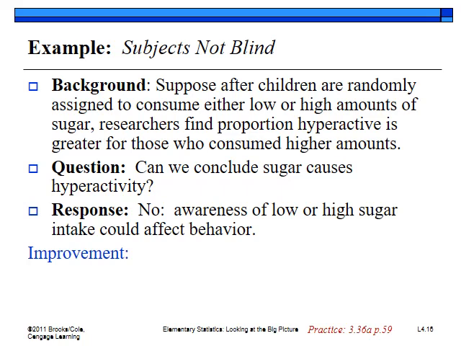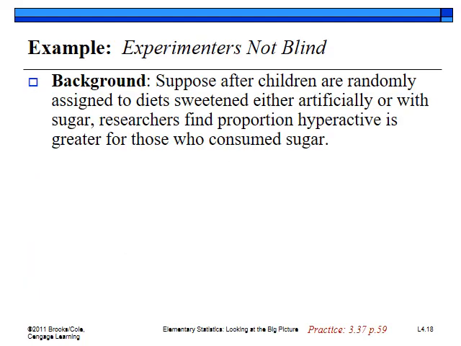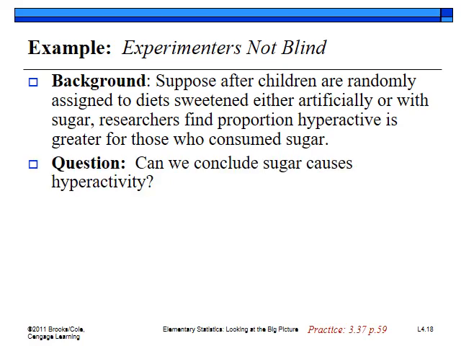How could we make this better? Well, if we can, make sure that the children don't recognize which group they're in. This may not be possible. On the other hand, let's say that we have children randomly assigned to diets where the diets are sweetened either artificially or with sugar.